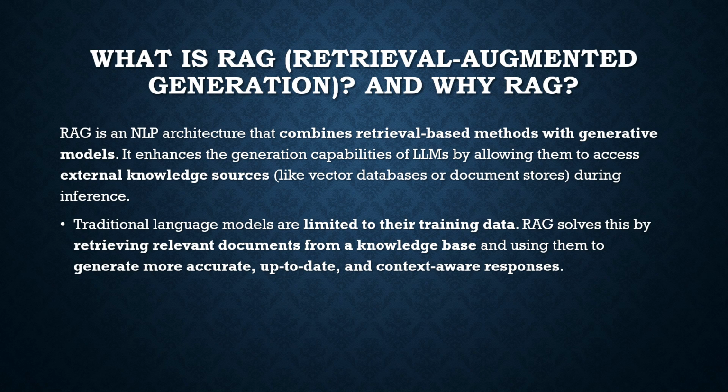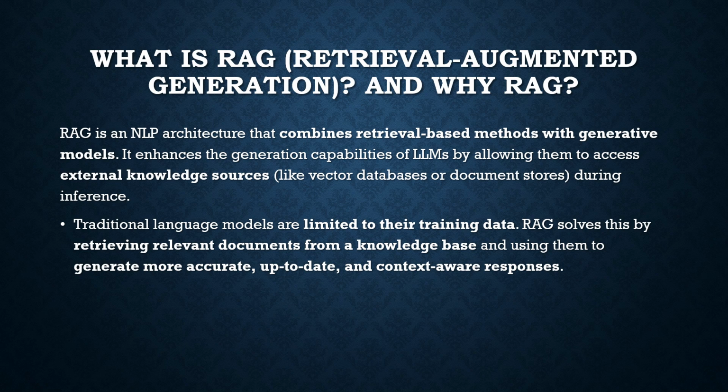RAG is an NLP architecture which combines retrieval-based methods with generative AI models. It enhances the generation capabilities of LLMs by allowing them to access external knowledge sources like vector databases or document stores. It can be in any form: PDF, Word, or Excel.